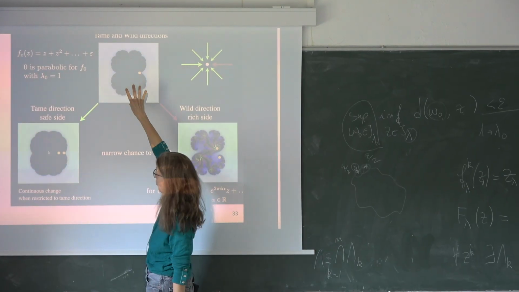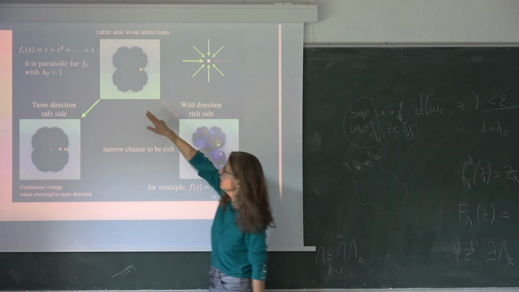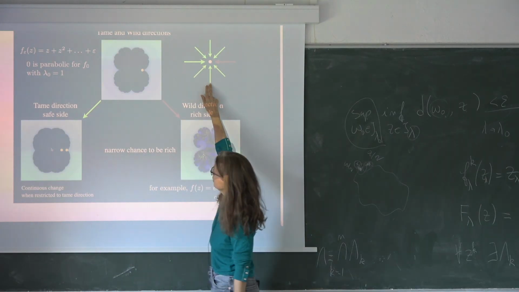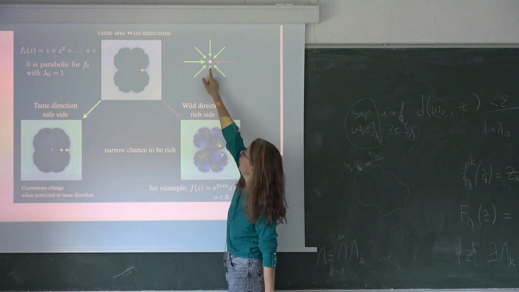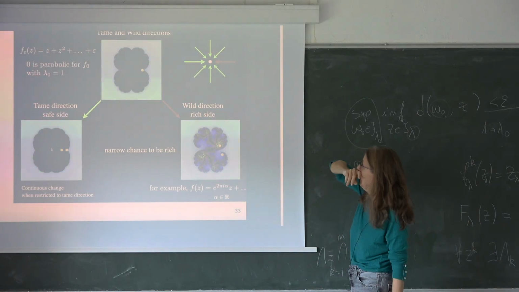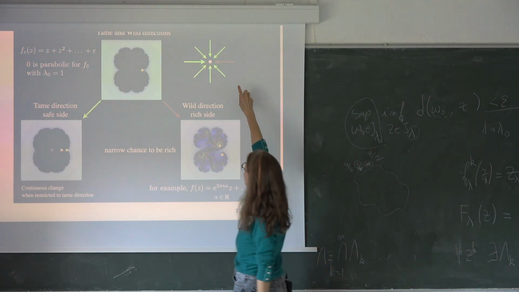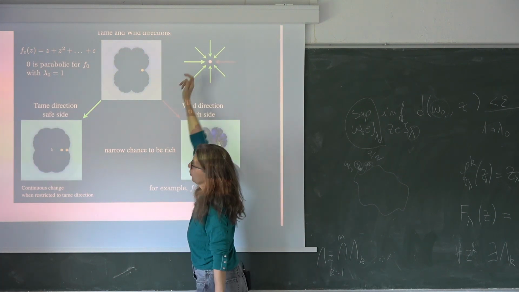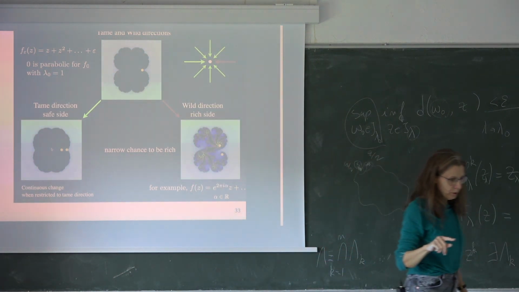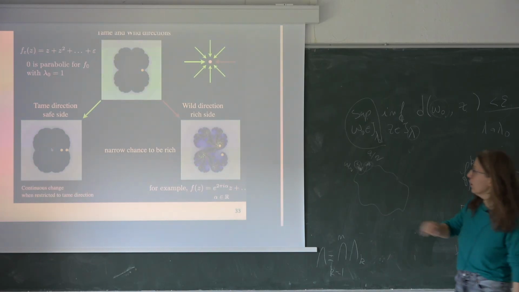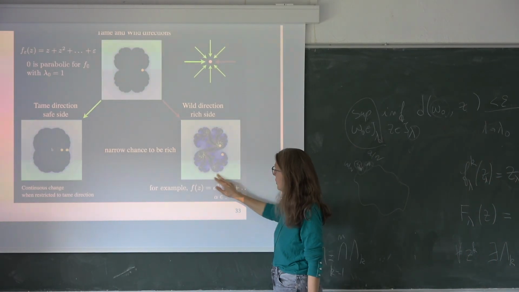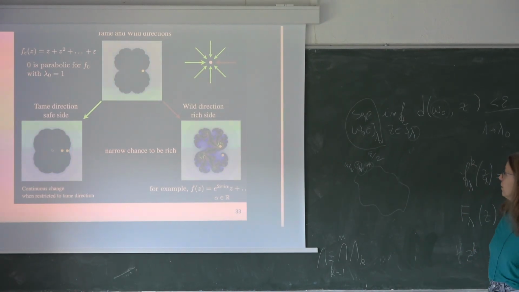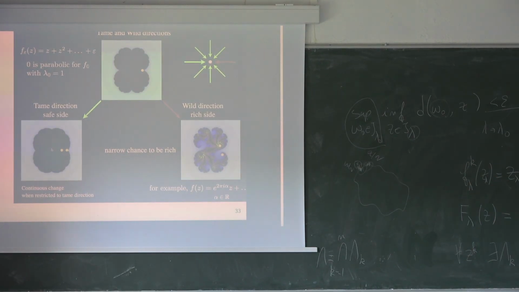In black, the points which are not going to infinity. 0 is a parabolic fixed point, and epsilon is a complex number next to 0. Okay, and if you take epsilon strictly positive going along the positive real axis, then you have this behavior that appears. Okay, you have parabolic implosion.